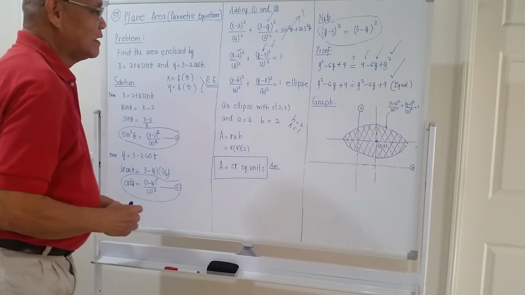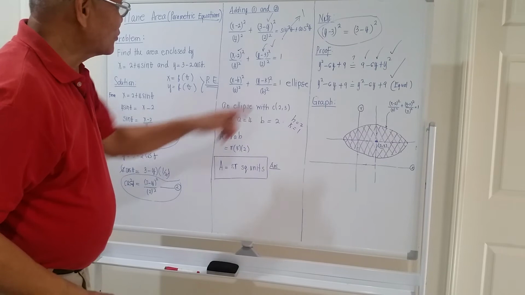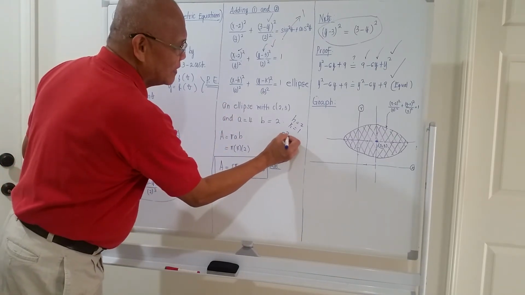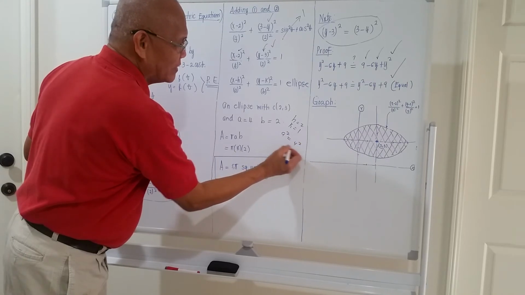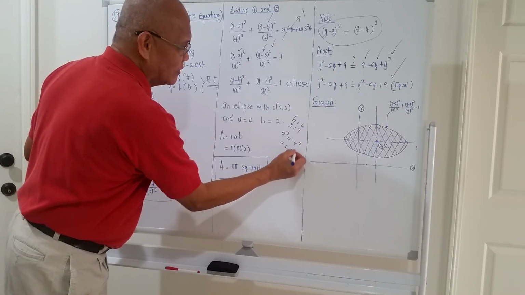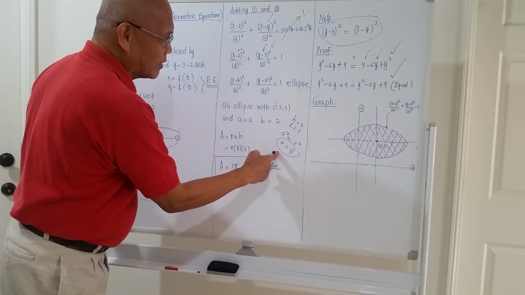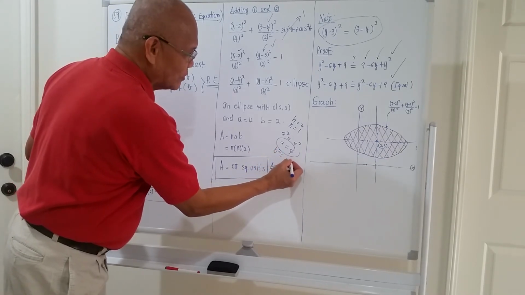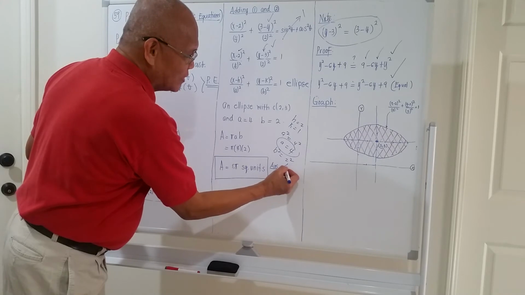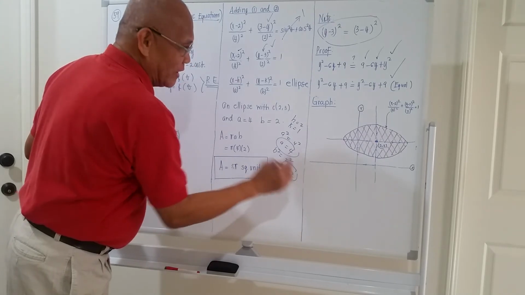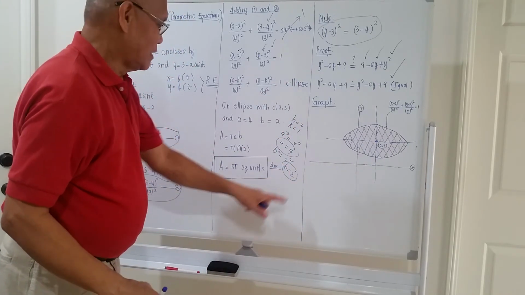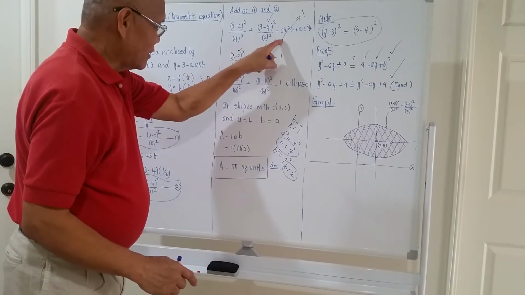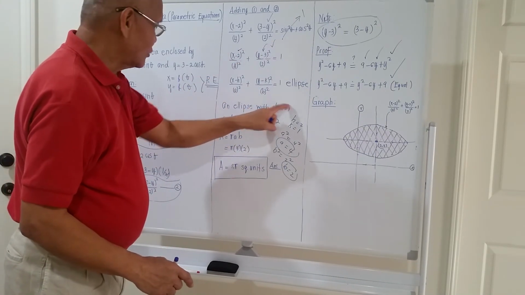Right? And what is a square and b square? A square is equal to 4 square. Therefore, a is equal to 4. The major axis is 4. And b square is equal to 2 square, or b is equal to 2. Minor axis is equal to 2. So this equation here is an ellipse with center at 2 and 3.